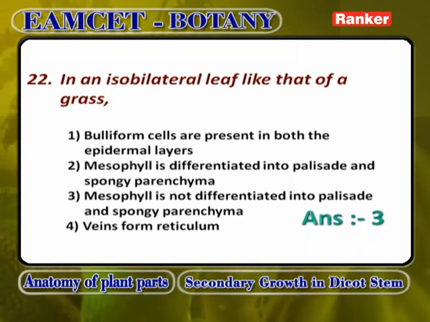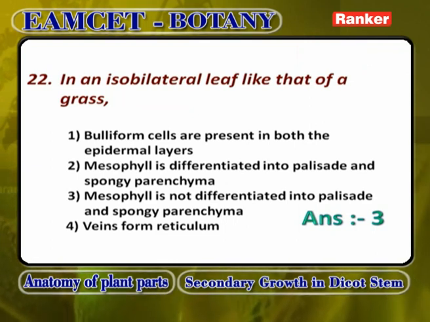In an isobilateral leaf, that of a grass, bulliform cells present in both epidermal layers is wrong. Bulliform cells are present only in the upper epidermal cells. Mesophyll differentiated into palisade and spongy tissue is wrong, because that happens only in a dicot leaf, not in a monocot leaf like grass.